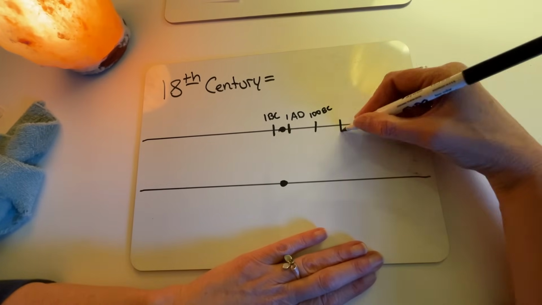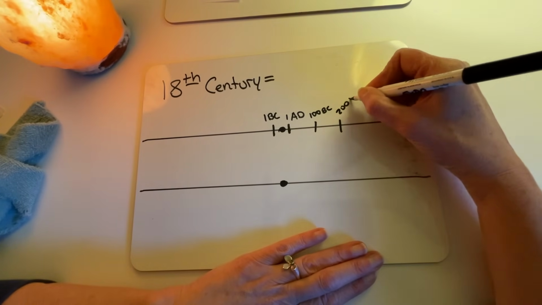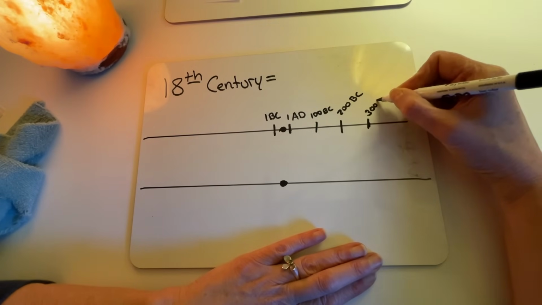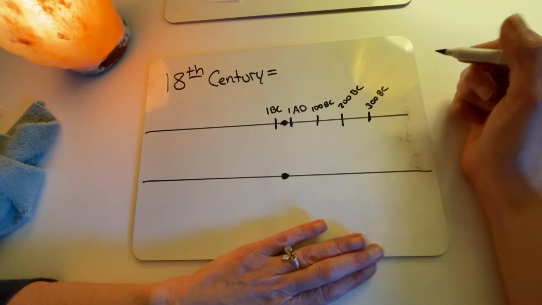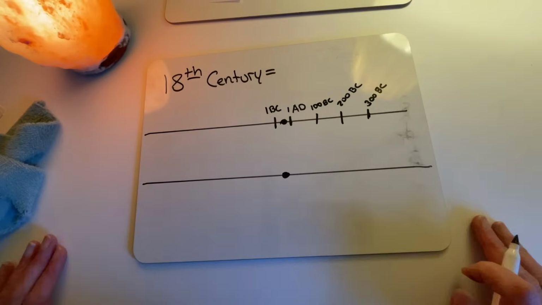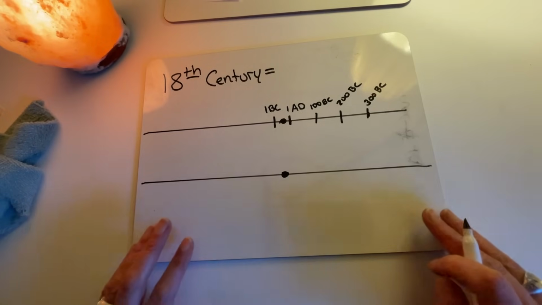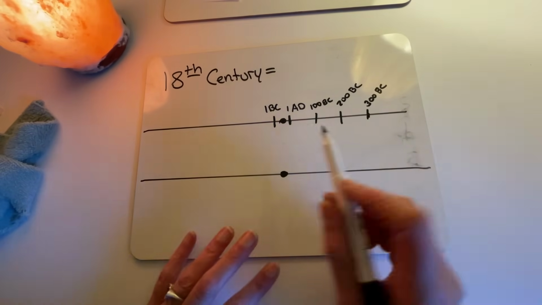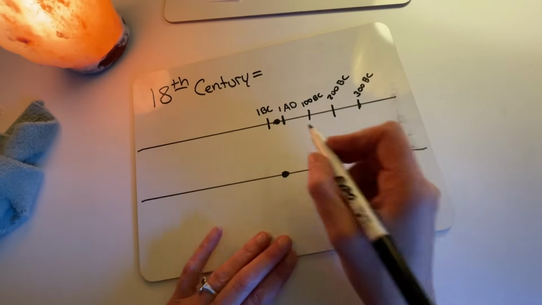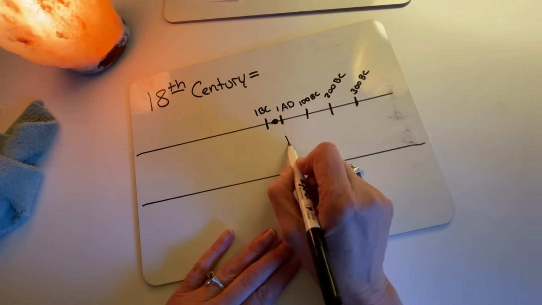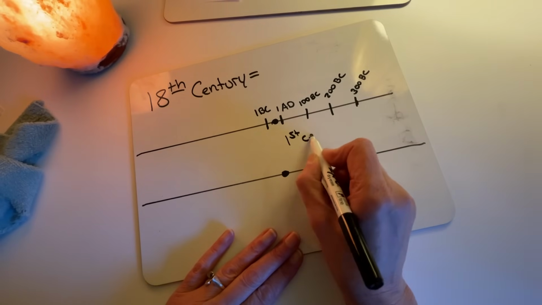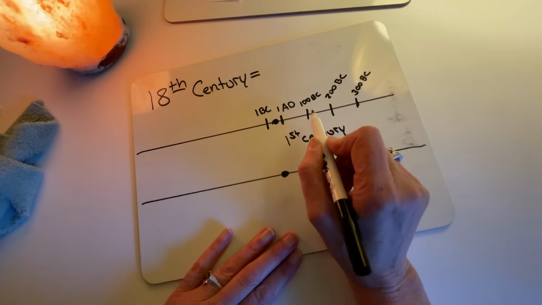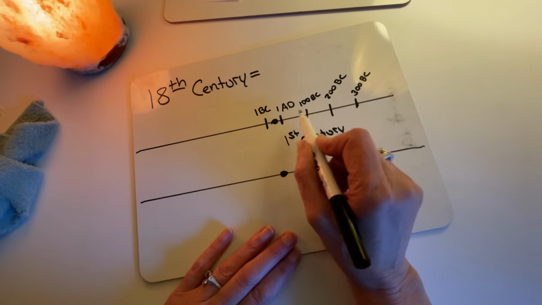I don't know how to do this neatly. And this is year 200 BC. And this is year 300 BC. Okay. So, whoa. Oh my gosh, I almost tipped my desk. So, the first century, right? First century, that's sloppy, would be year 1 to 100.